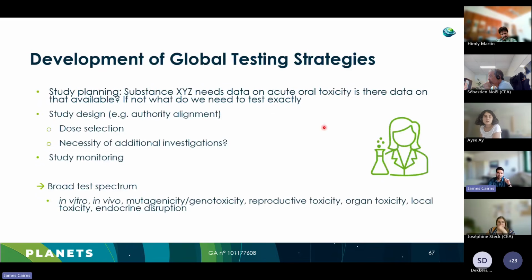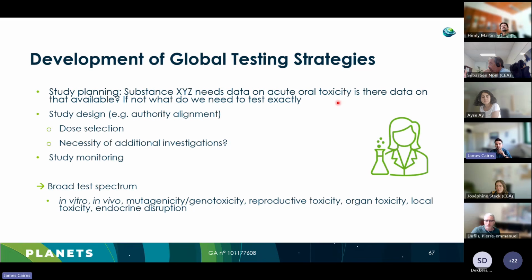Then going back to these templates, there would need to be an assessment. So do we have data on acute oral toxicity for the substance? Then a lot of questions have to be answered. Is the substance pure? Are there studies out there in publications? Have other companies registered this substance? And this is all the job of the toxicologist, basically.